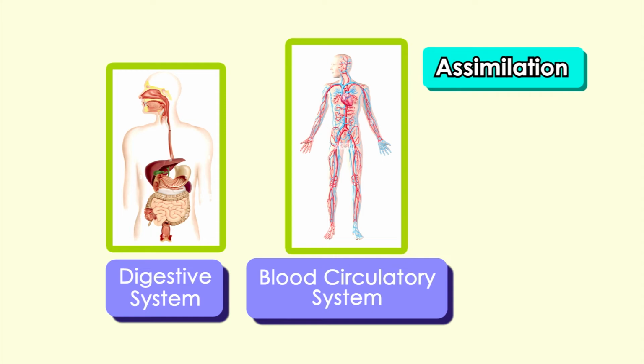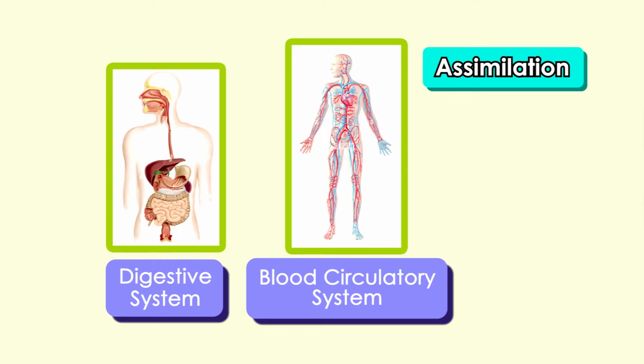All of these digested food molecules reach the body cells with the help of these: the digestive system, the blood circulatory system, and assimilation.